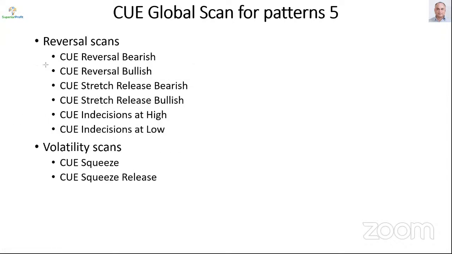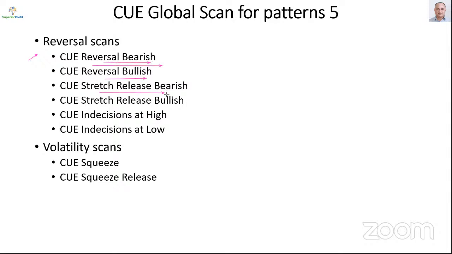Reversal scans: Q reversal, bearish, bullish, based on the reversal candle pattern. The signal that is there on Q charts, the band indicator, that reversal is used to find stocks with the reversal pattern.